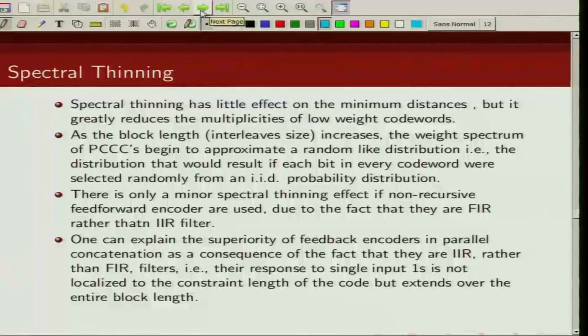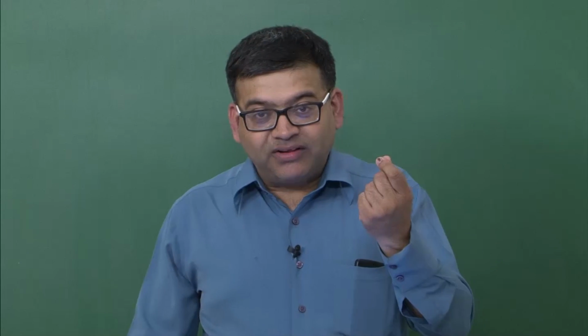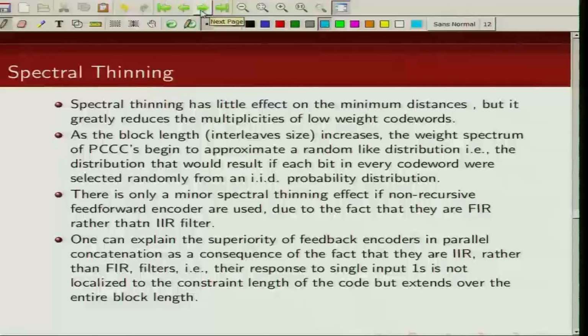Now, we can explain why feedback encoders are better. If you feed a weight 1 sequence to a feedback encoder, it will not get terminated, so it will result in large weight output sequences, whereas if we feed a weight 1 sequence to a feed forward encoder, it can get terminated and we may get lower weight sequences.